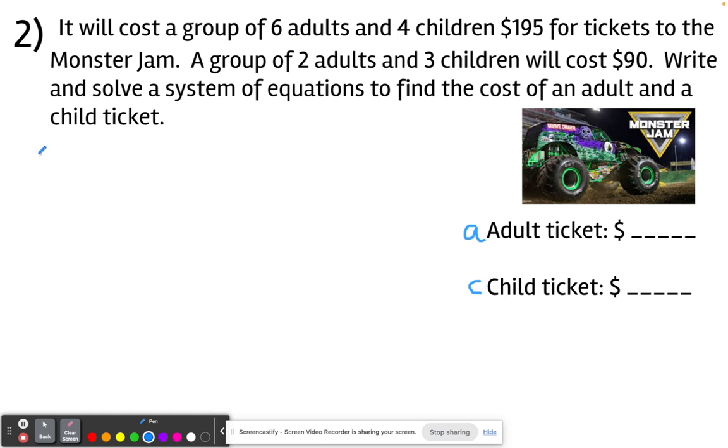It says here that 6 adult tickets and 4 child tickets cost a total of $195.